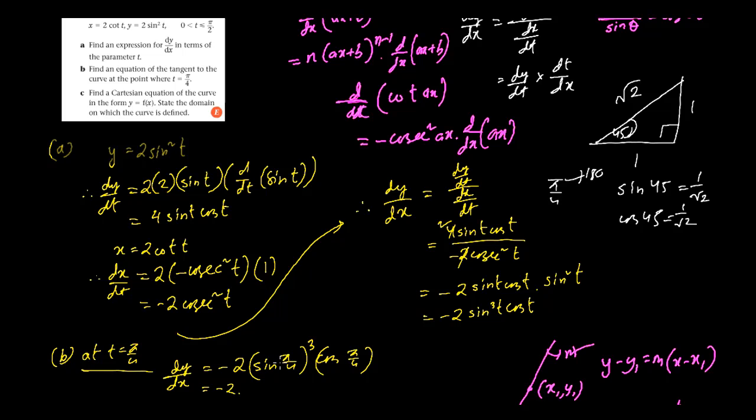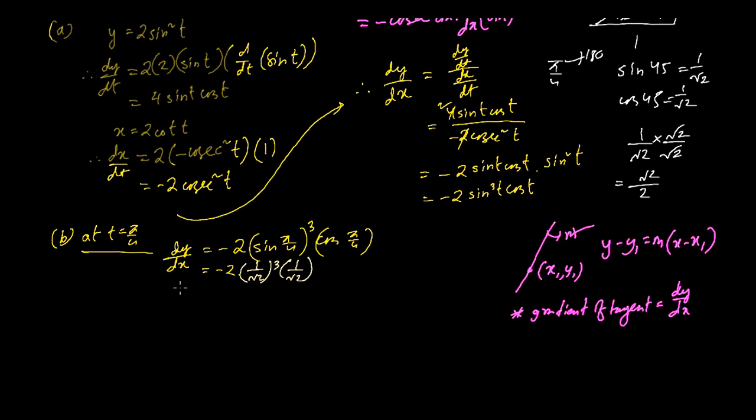So sine pi by 4 is 1 by square root of 2, so 1 by square root of 2 whole cubed, and cos pi by 4 is 1 by square root of 2. One thing is important: 1 by square root of 2, if you multiply upstairs and downstairs by square root of 2, it becomes square root of 2 over square root of 2 into square root of 2, which is 2. So 1 by square root of 2 and square root of 2 by 2 are the same thing, just different ways of writing it down.